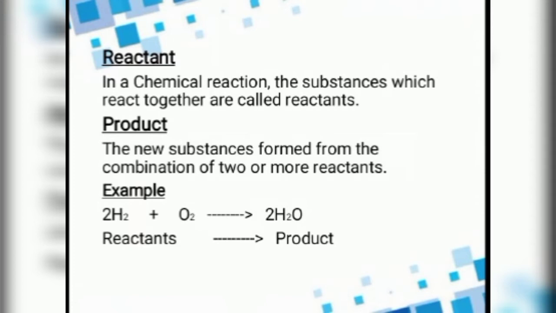The new substances formed from the combination of two or more reactants. Like in the example, H2O molecule is a product. Why? Because it is a new substance formed by the combination of hydrogen and oxygen.